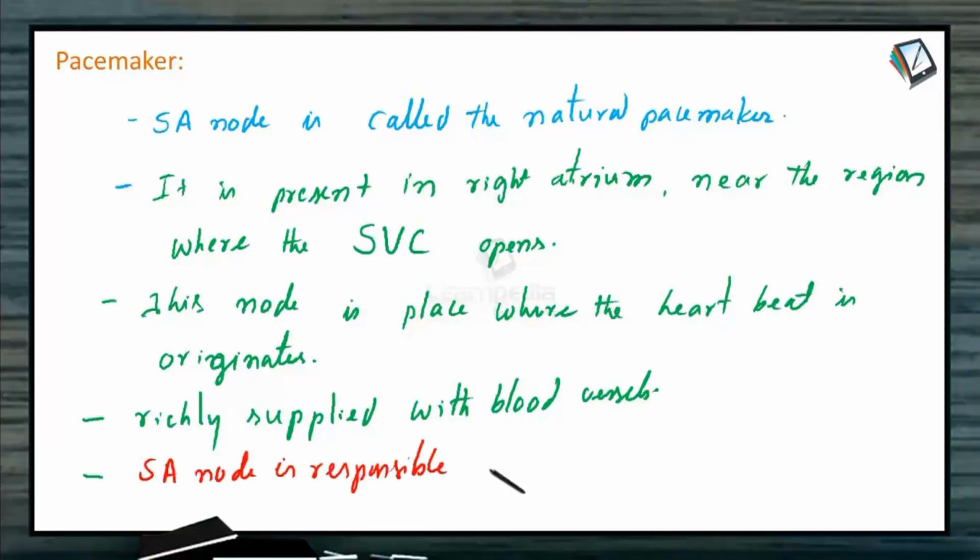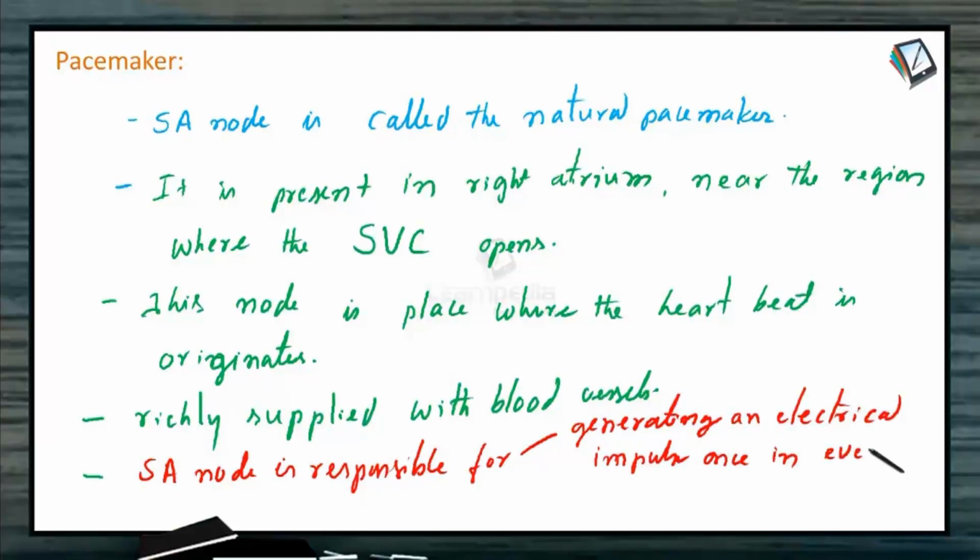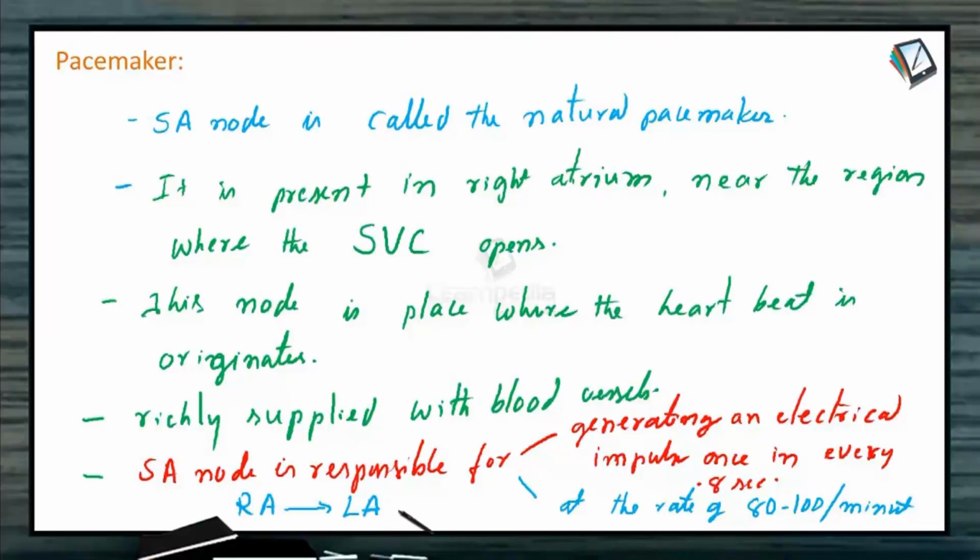The SA node is responsible for generating an electrical impulse once in every 0.8 seconds in a normally healthy adult. It generates an impulse at the rate of 80 to 100 per minute at rest, and this impulse stimulates the atrium to contract. Then the impulse will travel from the right atrium to the left atrium via internodal fibers called Bachmann's bundles.